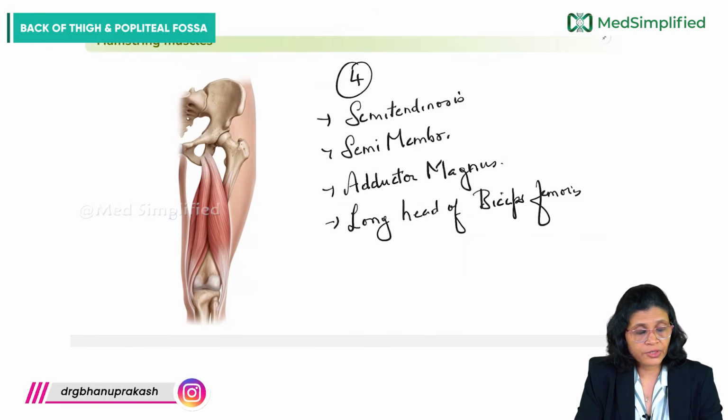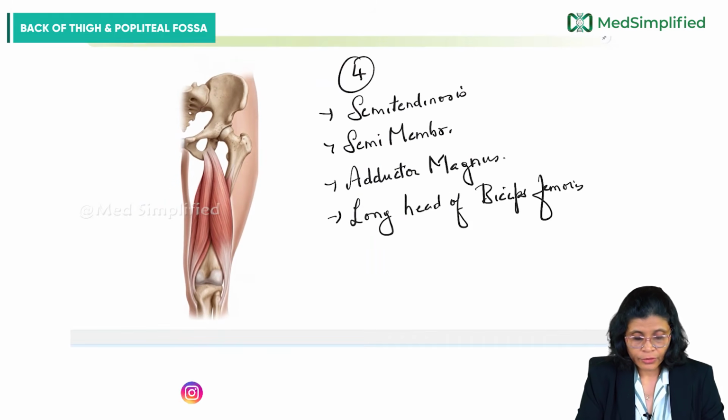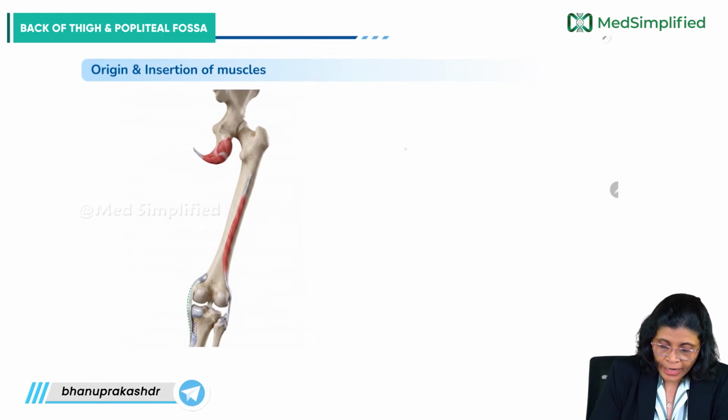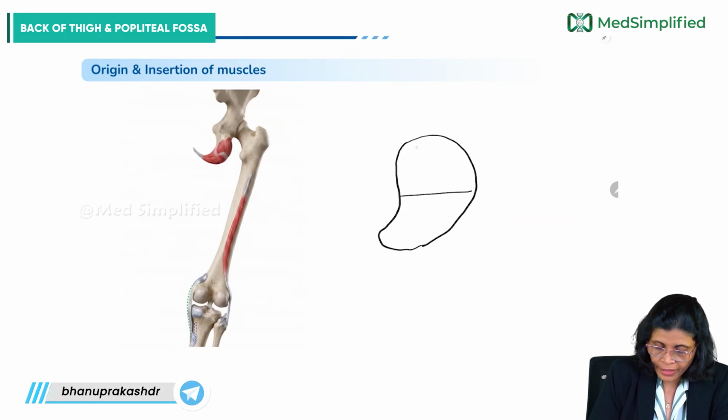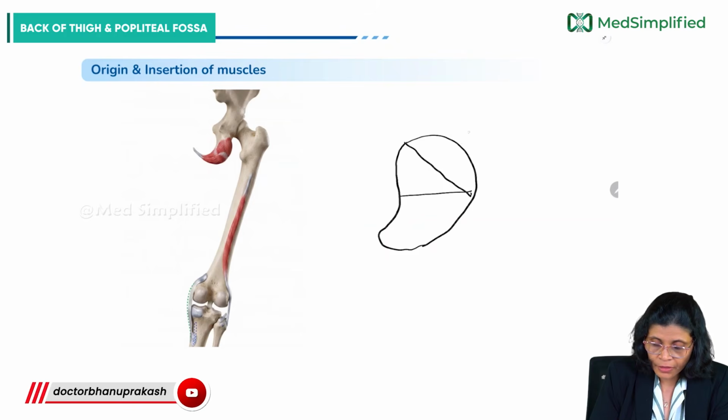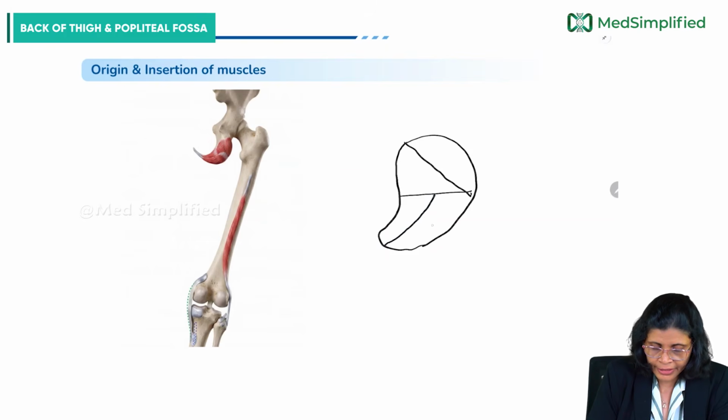Now to say it's a hamstring muscle, it needs to obey four rules. So what are those four rules? We have the comma shaped ischial tuberosity. We divide it with an oblique line into a superolateral and an infero-medial part, and the lower triangular part we divide by a vertical line into a medial and a lateral part.